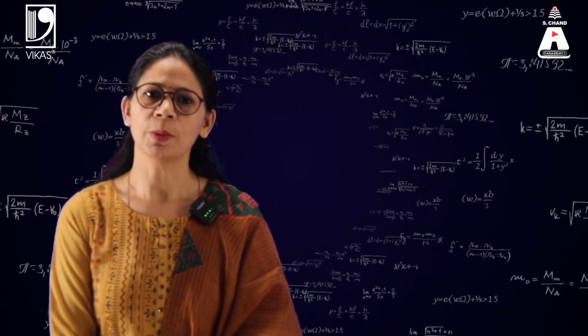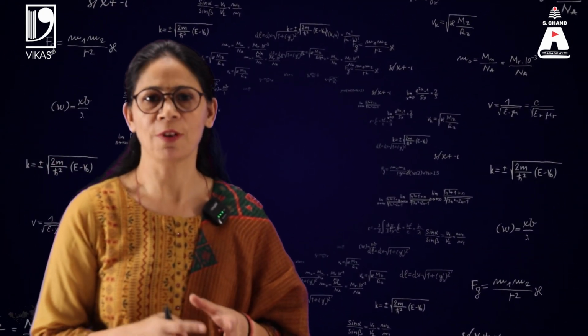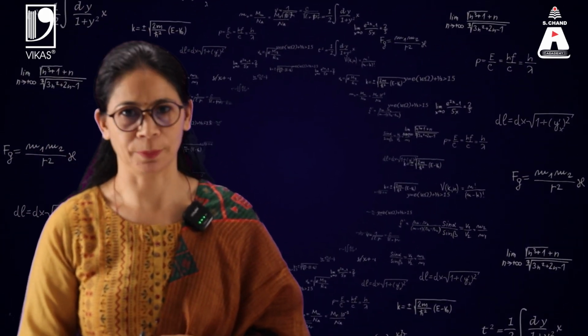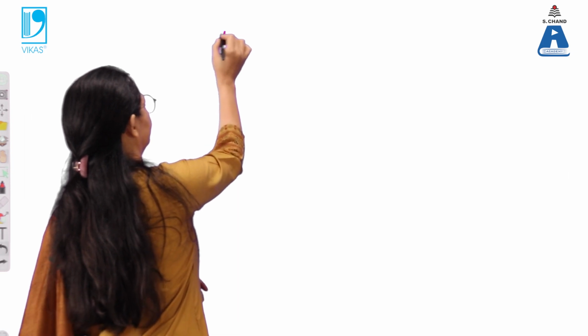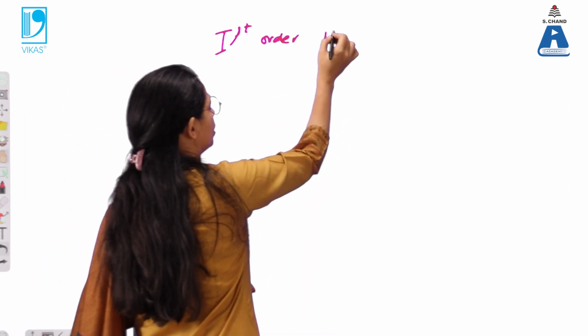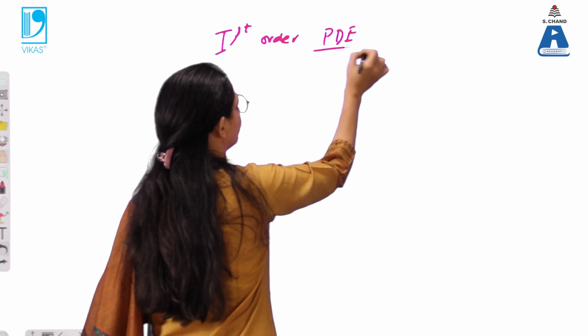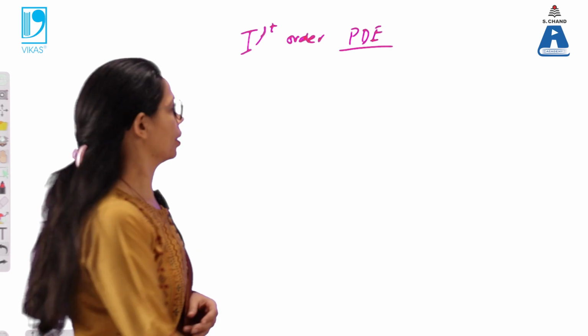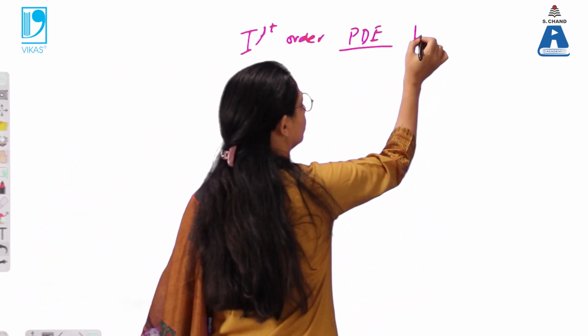Today we are going to study this Lagrange's form of first order partial differential equation and then its solution. This is a first order partial differential equation, so we will be using the abbreviation PDE for partial differential equation, and it is linear in nature. First of all, it should be linear.